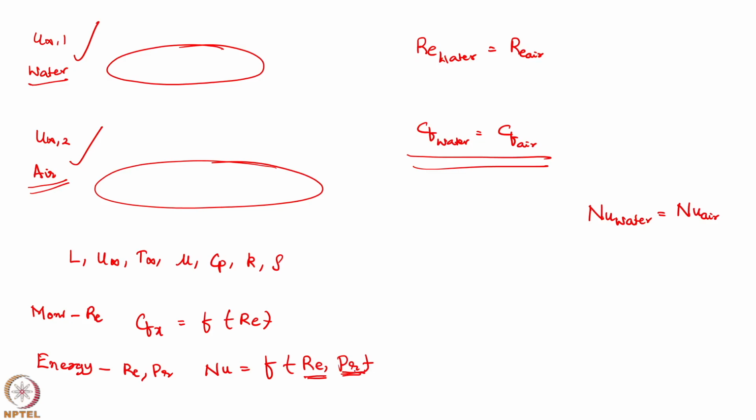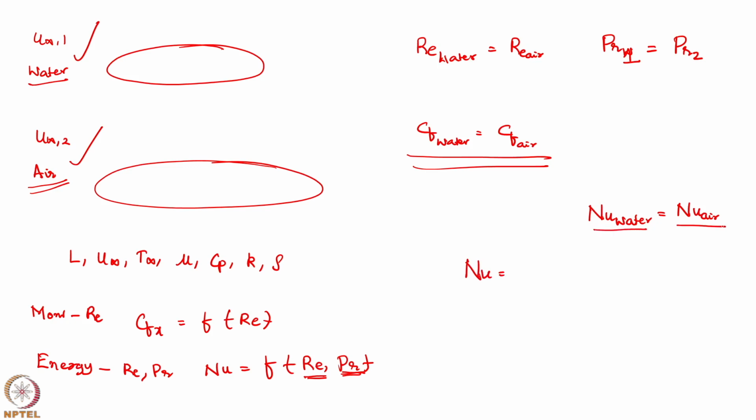That is, if the Prandtl number of fluid 1 is equal to the Prandtl number of fluid 2, and I keep the Prandtl number same, then the Nusselt number will also come out to be same.